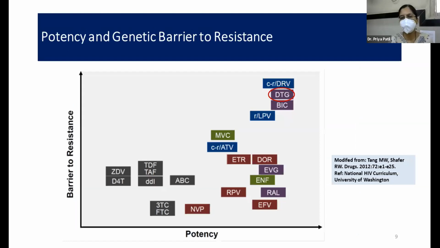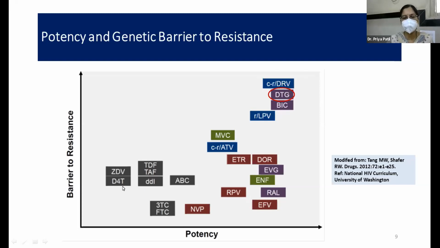So this slide shows the potency as compared to the barrier to resistance. In the extreme right corner, we can see these drugs, darunavir combined with ritonavir or cobicistat, then dolutegravir. So these two drugs we can see are being used in the program currently. They have the advantage of being highly potent as well as having a very high barrier to resistance.